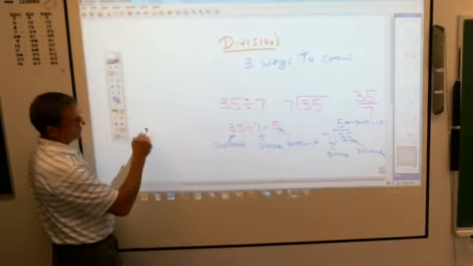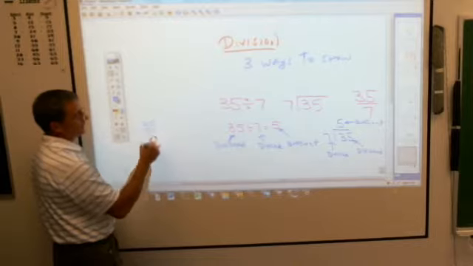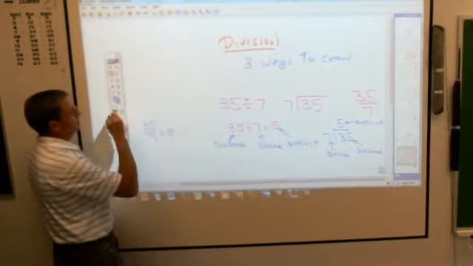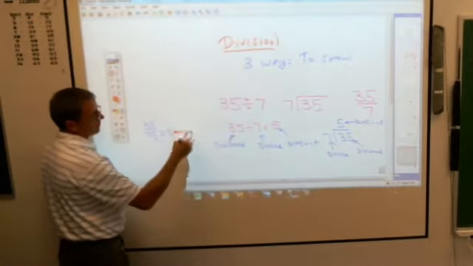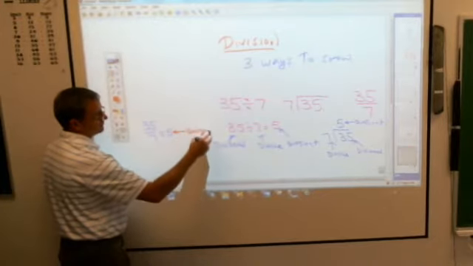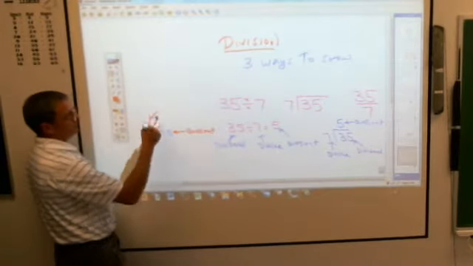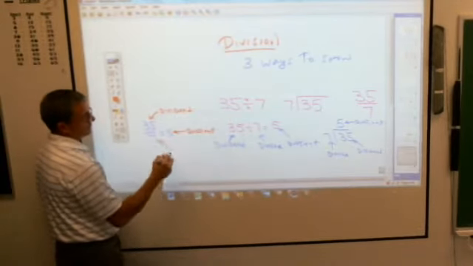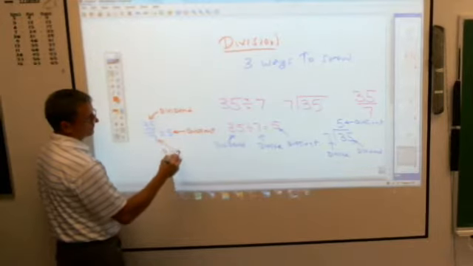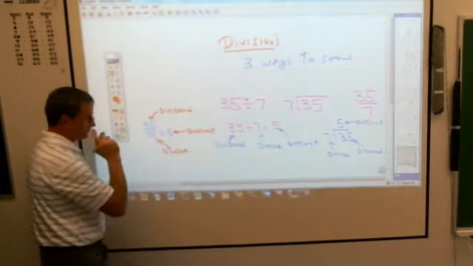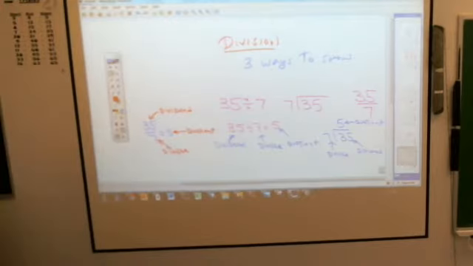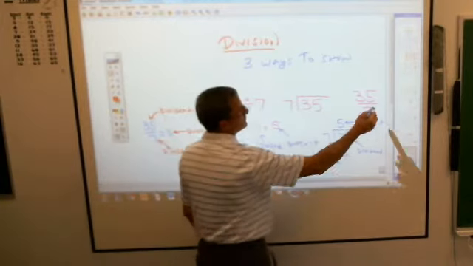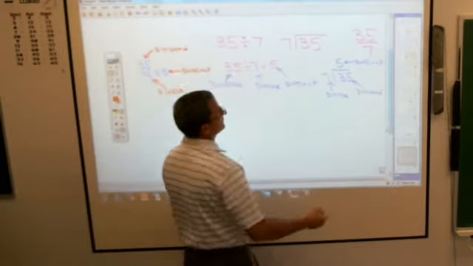And then for the fractional form of that, 35 divided by 7 is 5. The answer is always your quotient. This is your dividend. And this little guy here is the divisor. Make sure you have that written down. We'll talk about it in just a second. I will tell you exactly what's going to happen on a quiz. Let's put this up a little higher so you can see all that.